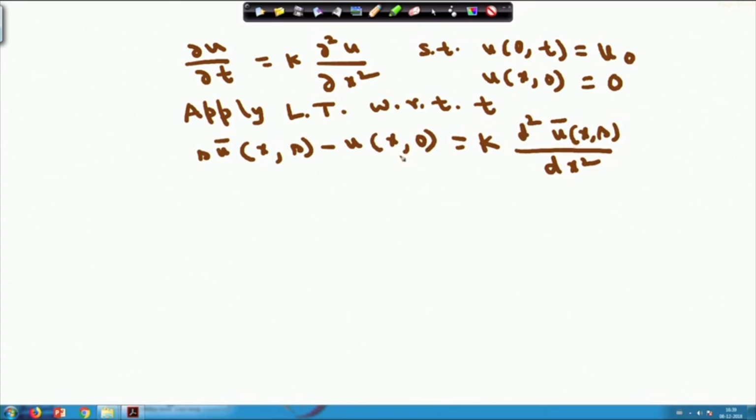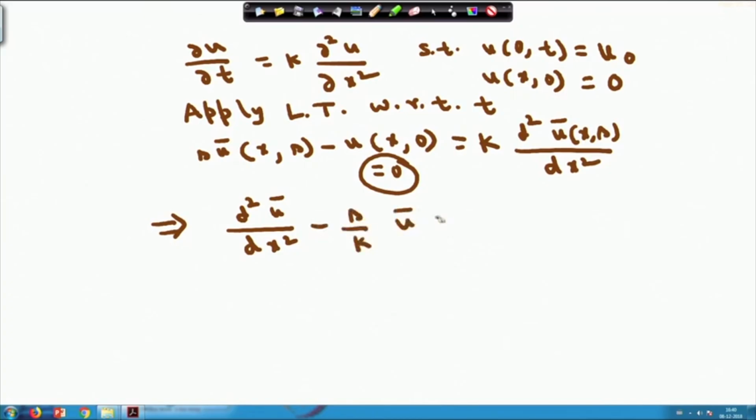By putting u(x, 0) equals 0, this value will be 0. Once I put this, you can write d square u bar by dx square minus s by k u bar equals 0. We got this in the earlier example also.